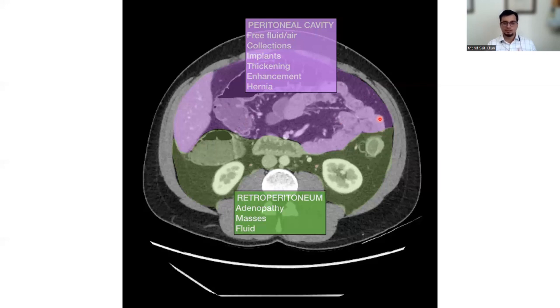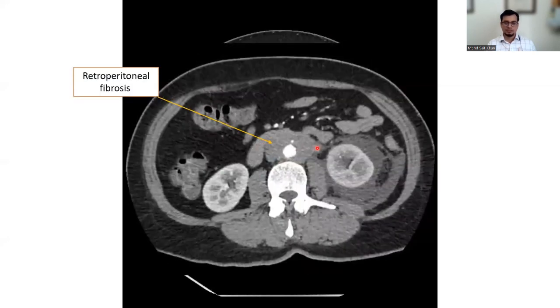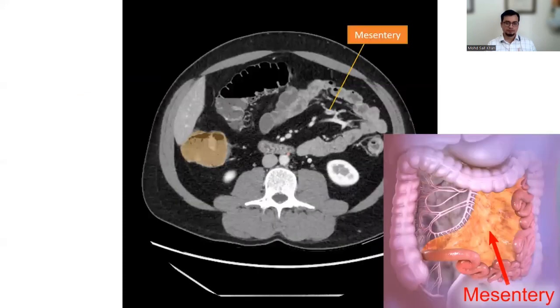And sometimes you might see a hernia if the shape of the peritoneum is not proper. This is your retroperitoneal fibrosis around the aorta and blood vessels. The most common symptom of retroperitoneal fibrosis is pain in the lower back or abdomen, constant chronic pain.